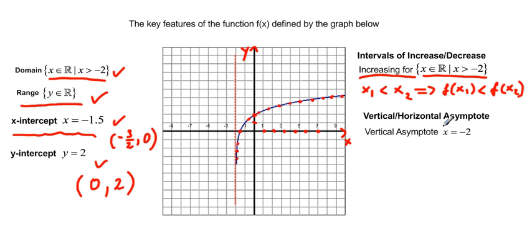Vertical or horizontal asymptote: since the domain is restricted from negative 2 to the right, there must be a vertical asymptote when x is equal to negative 2. So those are the key features of the logarithmic functions: the x- and y-intercepts, the domain, of course the range, and whether the function is increasing or decreasing.